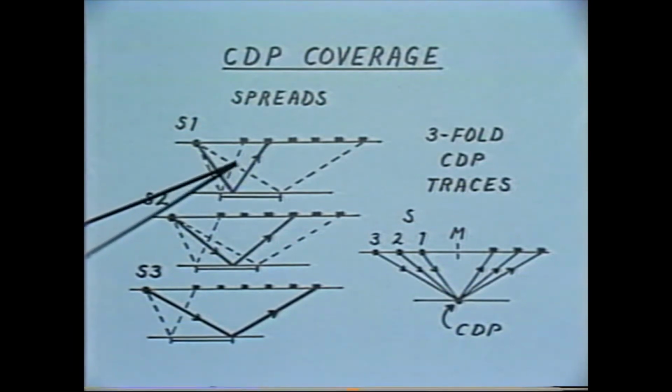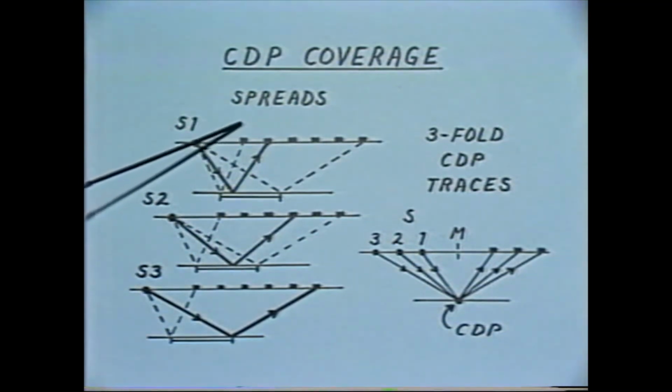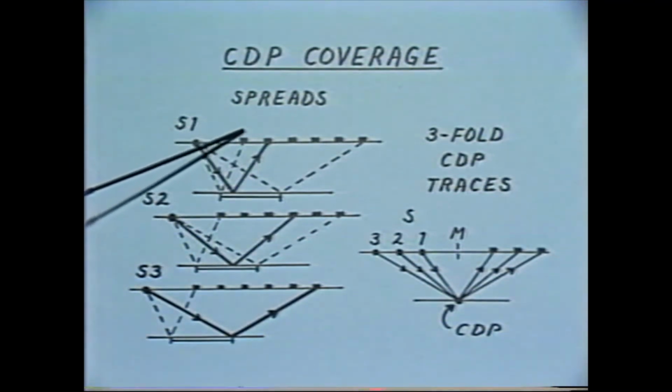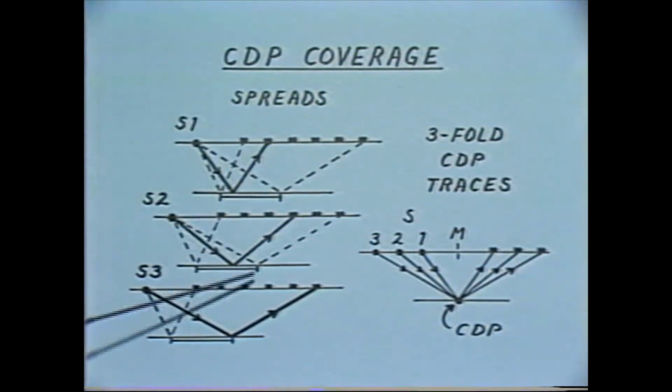The 3 situations are drawn separately for clarity, but one common receiver position on the surface would be in vertical alignment here. So that receiver, the 2nd one on this spread, and the 3rd one on that spread would be occupying the same place on the surface, but for successive shots.